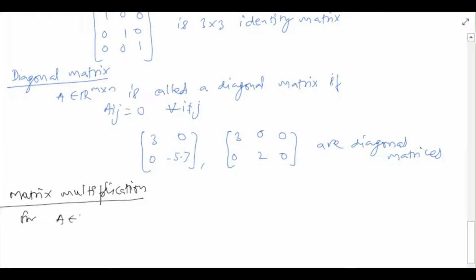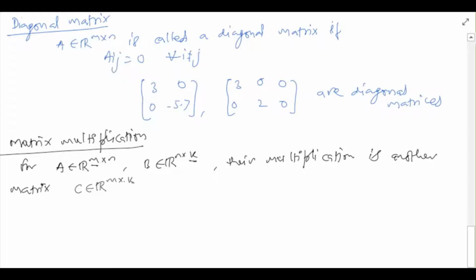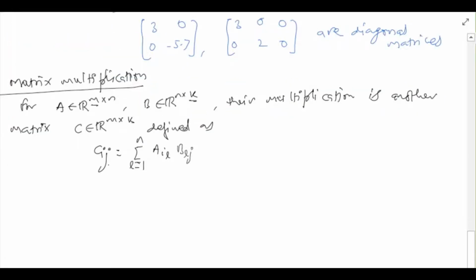For A and B, their multiplication is another matrix, say C, which is an m cross k matrix, defined as follows: the ijth element of C is the sum over l equals 1 to n of A_il times B_lj. This is how we obtain the ijth element of the product matrix.